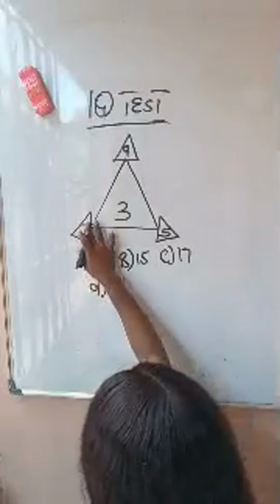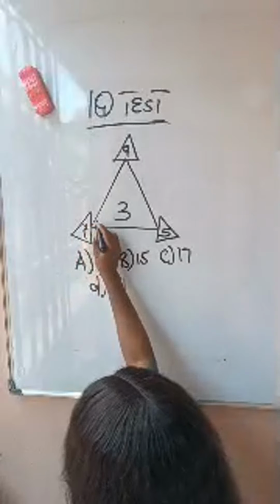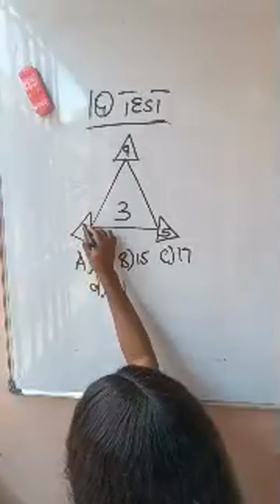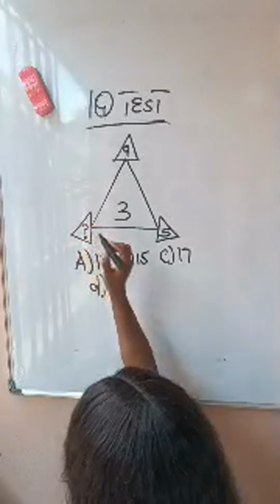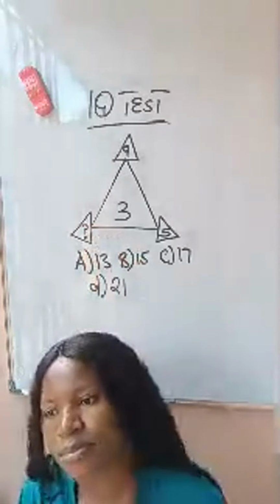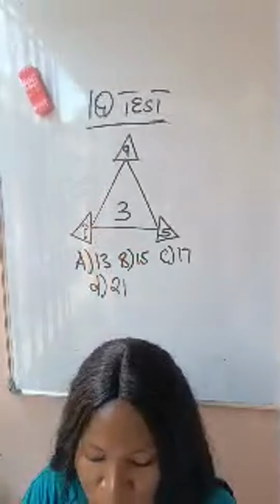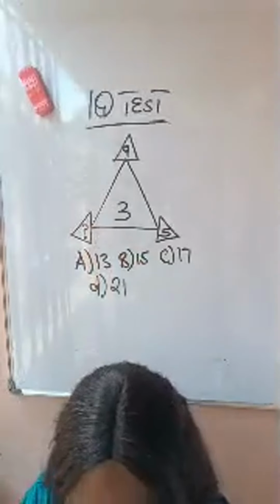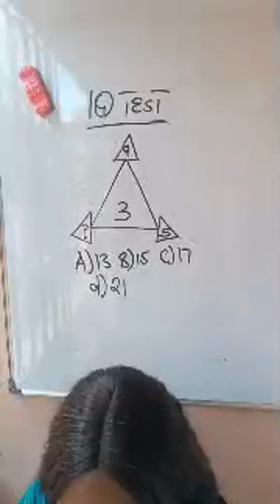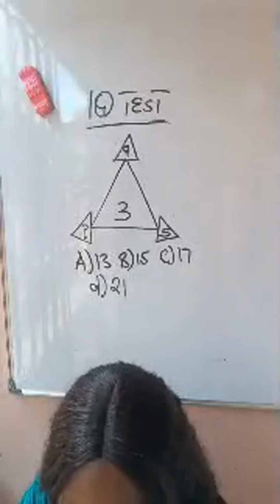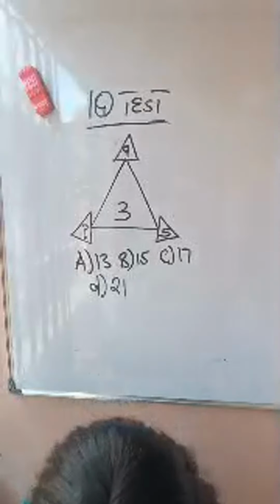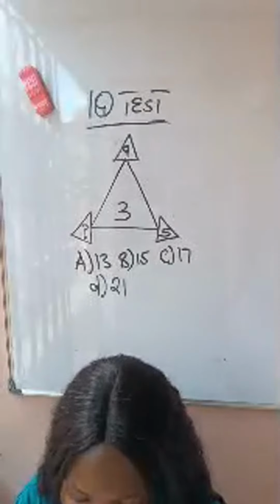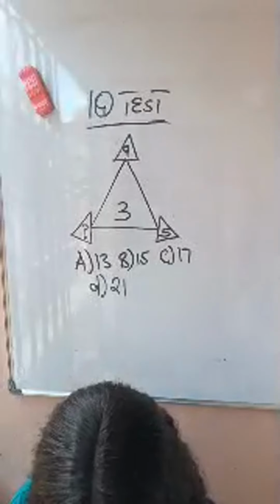This is question mark. Find the missing number. That is question mark. So we have 3 inside the triangle. We have 5. We have 9 on top. And we're asked to find the missing number.